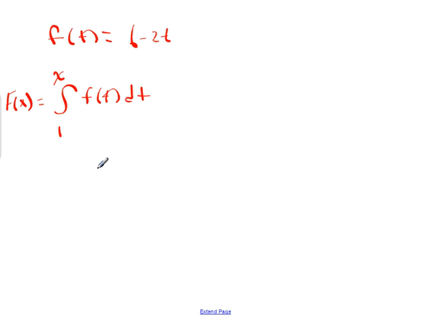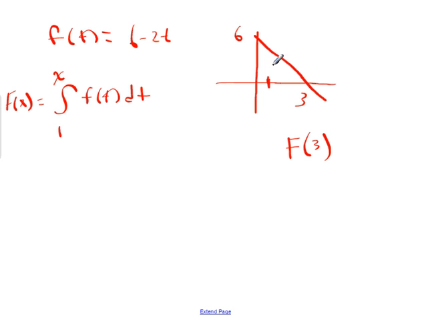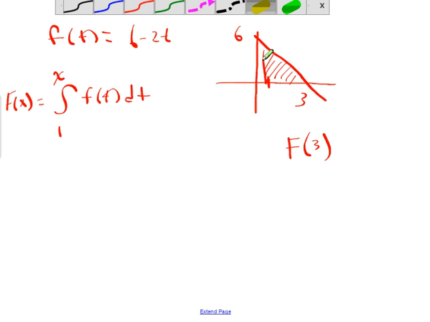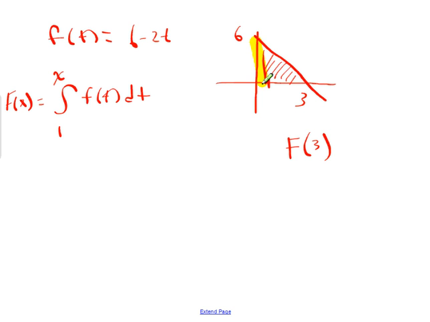Well, the difference here is that because we're starting at 1, if I wanted to find F of 3, F of 3 in this case is going to be smaller because I'm not including this area right here. And I'm not including it because my starting point is 1 as opposed to 0.